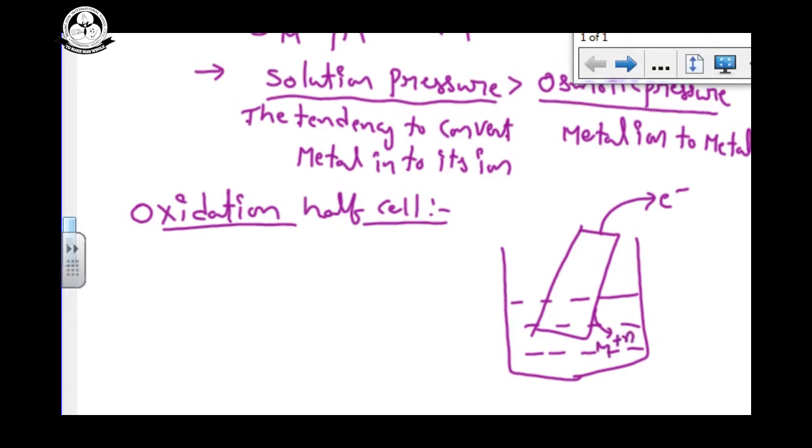So oxidation means we already told that reduction of cell means where the reduction takes place. Oxidation of cell means where oxidation takes place.